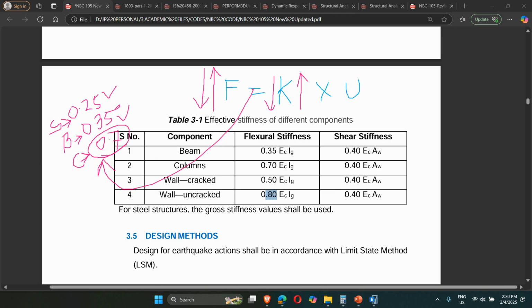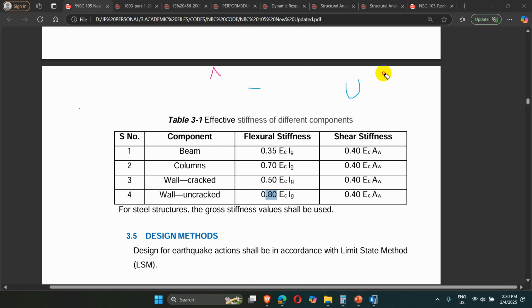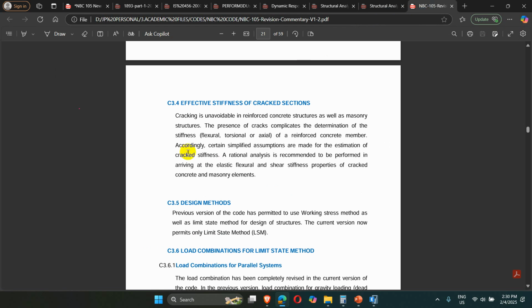By considering this cracked section, the section and reinforcement demand may be higher than using the uncracked section. We know that cracking occurs in the concrete when the tensile force within the concrete member exceeds the tensile capacity.